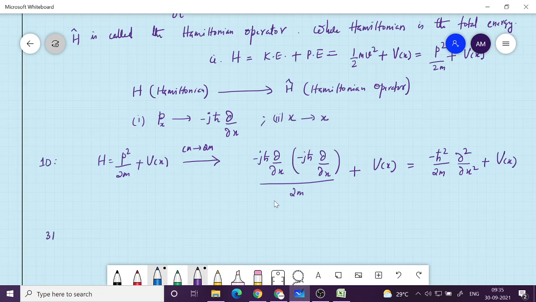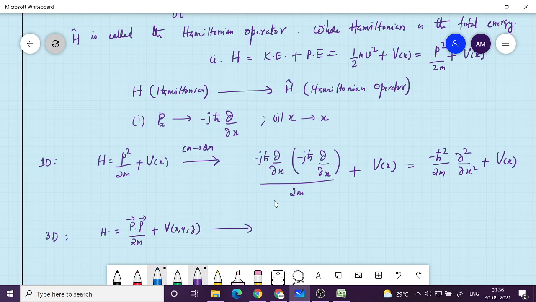Now if it is 3D, then H is basically, you can say p will be a vector, so the p square means p dot p plus V of x, y, z.